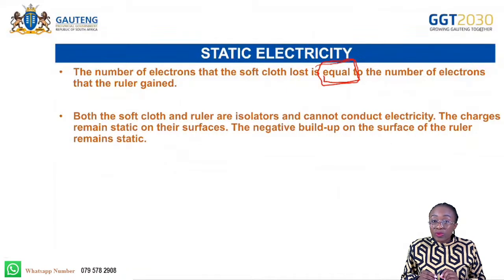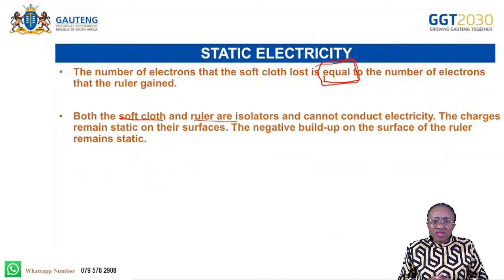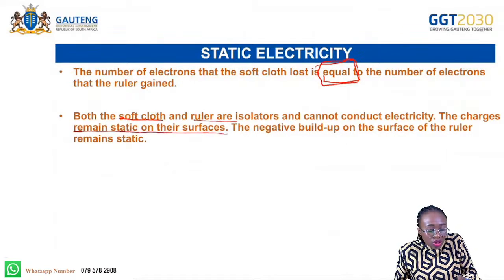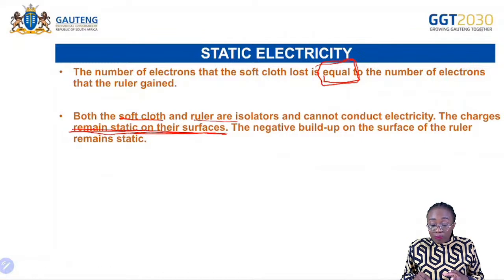In this particular case, both the soft cloth and the ruler, we know them as insulators. Insulators are non-conductors of electricity. They cannot conduct electricity. So what happens to the charges then? The charges are going to remain static on their surfaces. And that negative buildup on the surface of the ruler, remember the ruler gained electrons and became negatively charged, remains static.